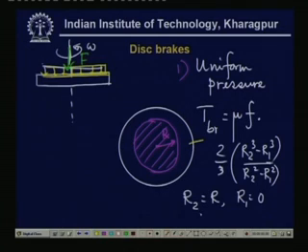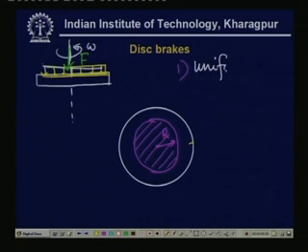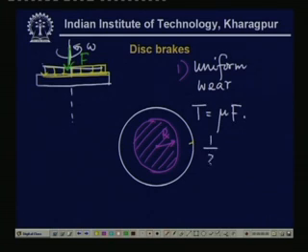Now, we have a second situation: when the brake is worn out, then we have the condition of uniform wear. That is for the old brake, and in this case T will be equal to mu times F, the total force, times the equivalent radius, that is half of (R1 plus R2).